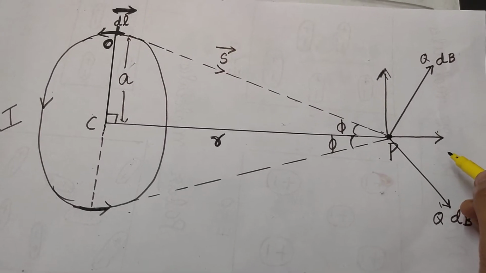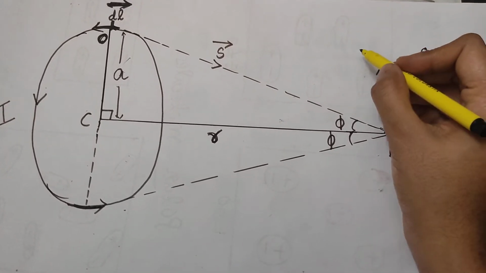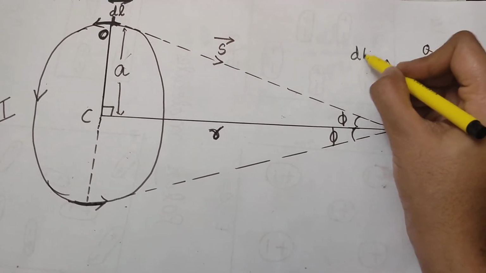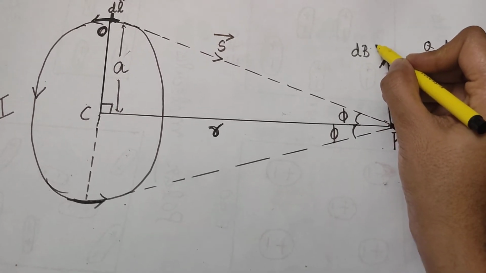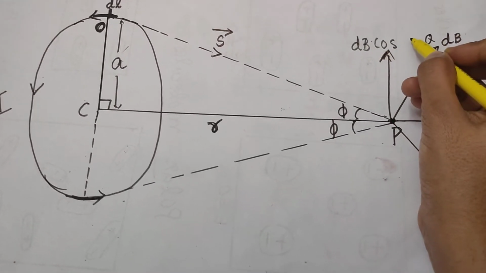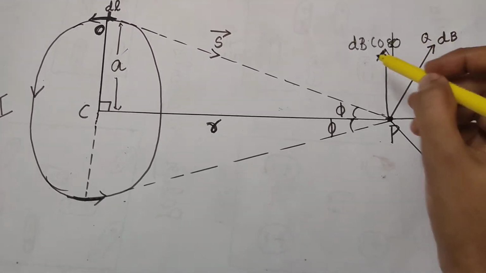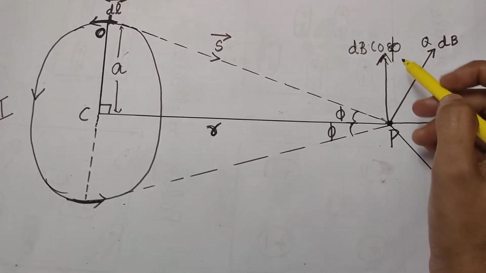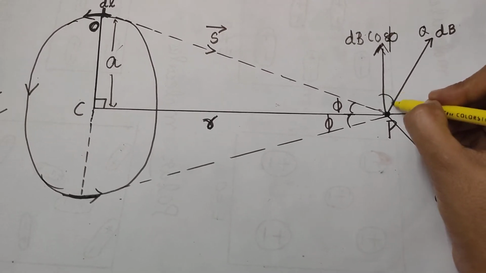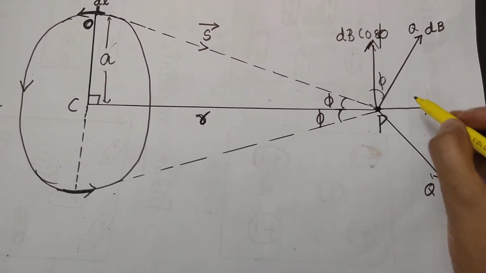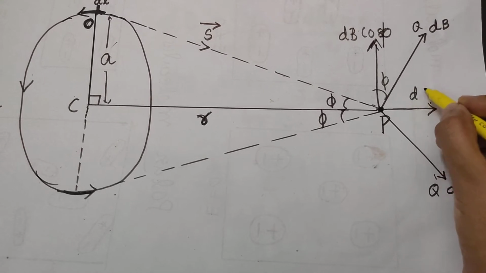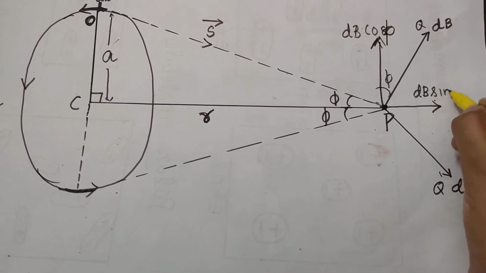And we have already studied this component can be written as dB cos phi. You have studied this in maths. This component is dB cos phi, and this component is given by dB sin phi.